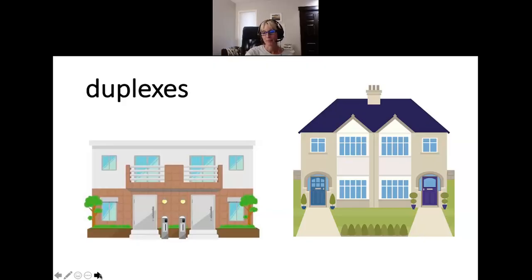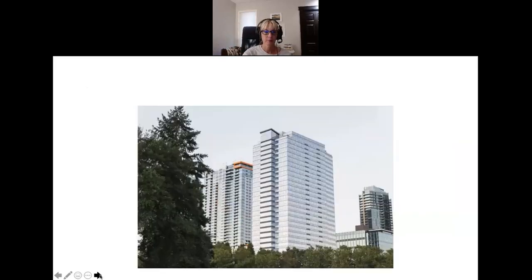There are many duplexes in my neighborhood. What do you see? Where do they live? Apartments. There are many apartments downtown.